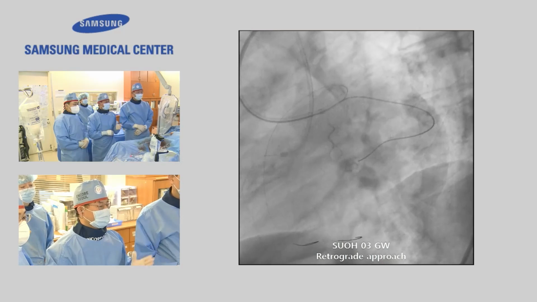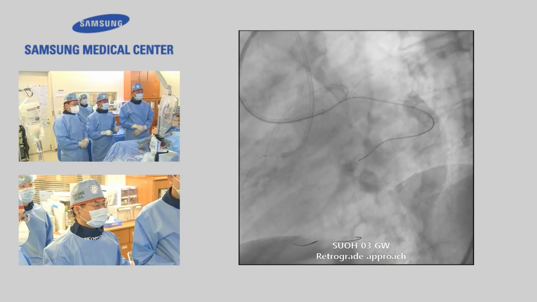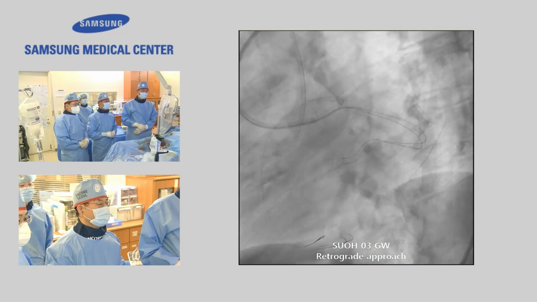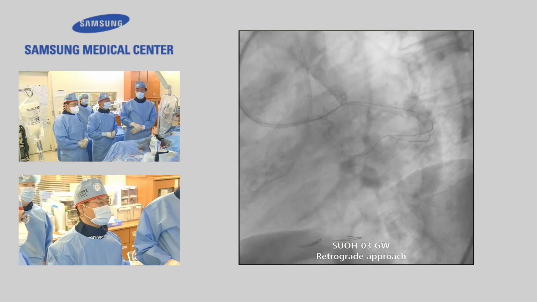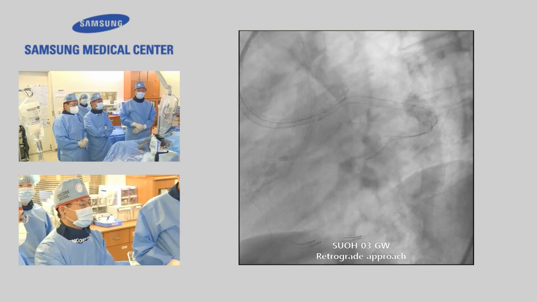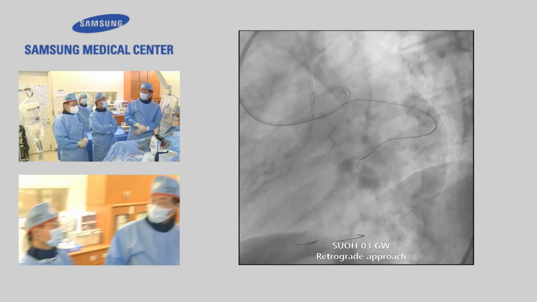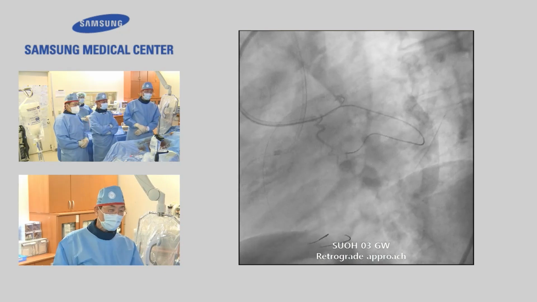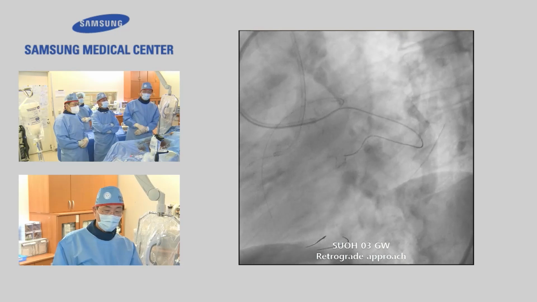So I think the ipsilateral collateral retrograde approach is the last resort, and we can adhere to the antegrade approach using IVUS in this case. So for collateral approaches, SUOH3 is the best option for Korean doctors. So are there any better wires available in Japan or other countries?